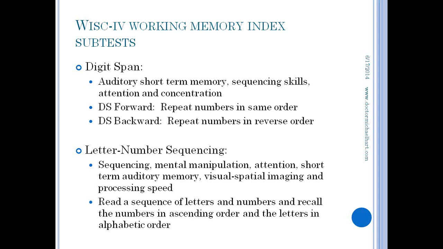Digit span forward is where the tester says a series of numbers to you orally, and then you're required to repeat them back in the same order. You can imagine that becomes more challenging as the sequence becomes longer. Digit span backward is even more challenging. That's the second half of the test.